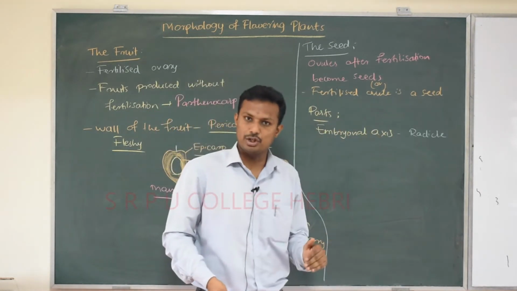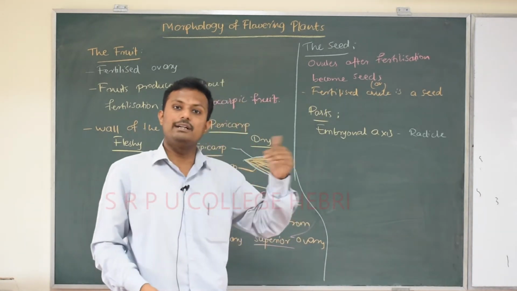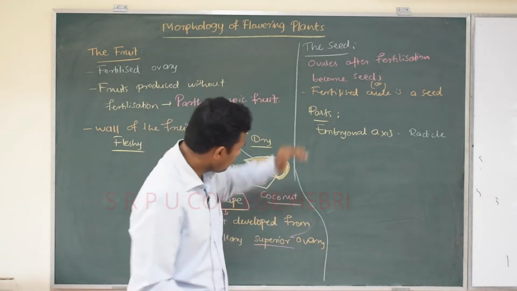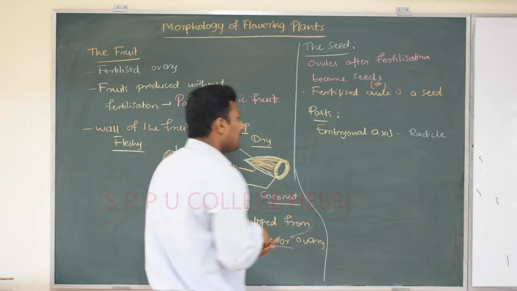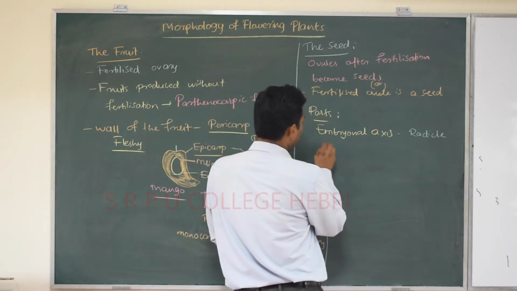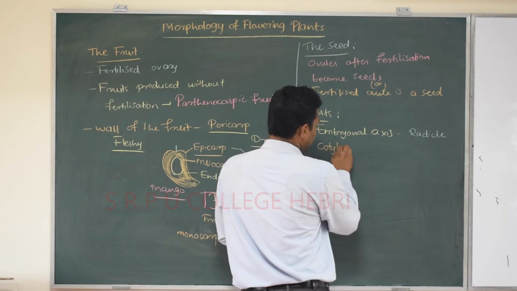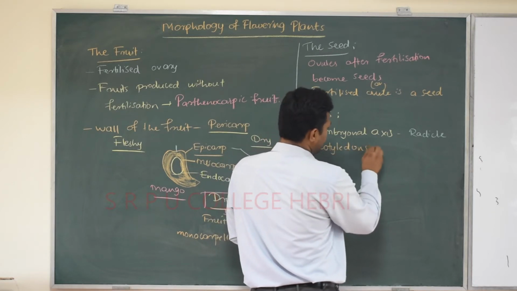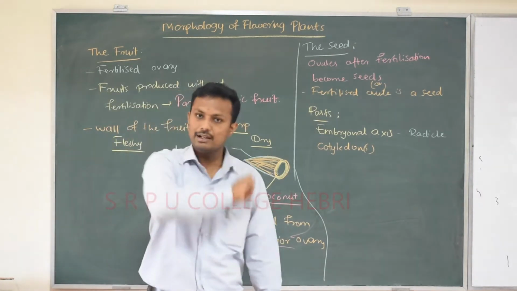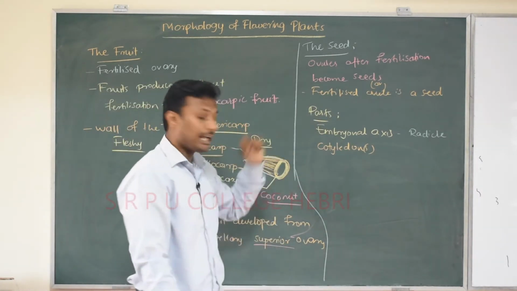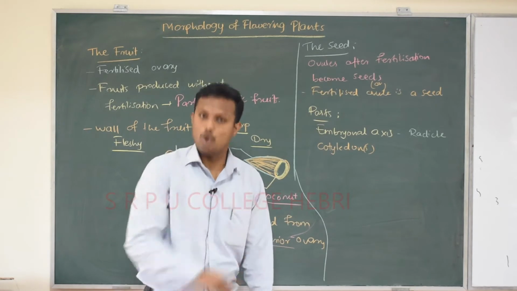Plumule is the structure of the embryo which will later develop into the shoot. Right? So this embryonal axis will be there, and also the cotyledons will be there, because in the case of the monocot seed, there will be only a single cotyledon, whereas in the case of the dicot seeds, there will be two cotyledons.